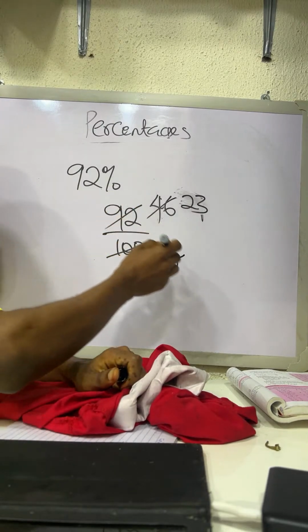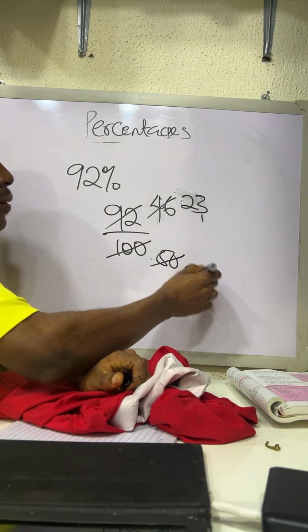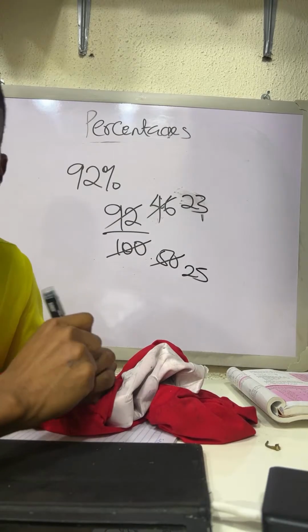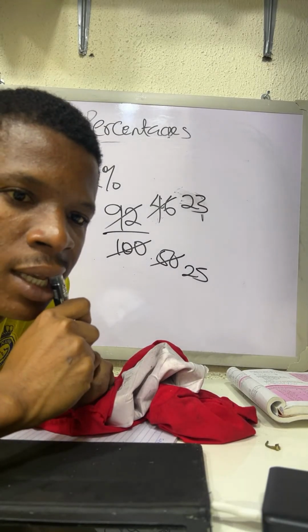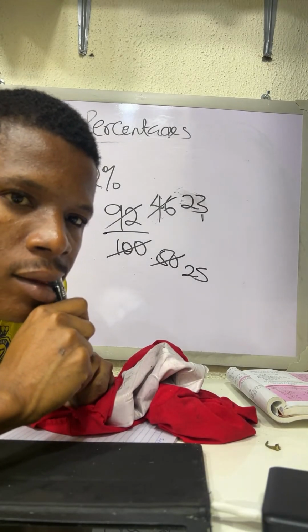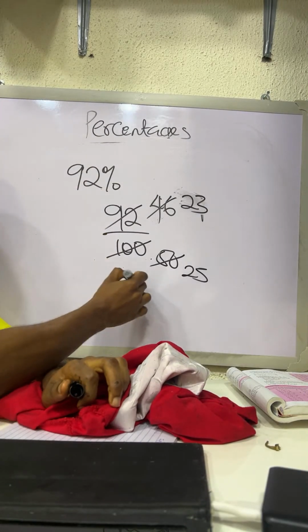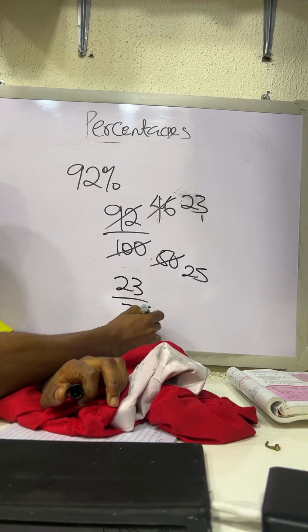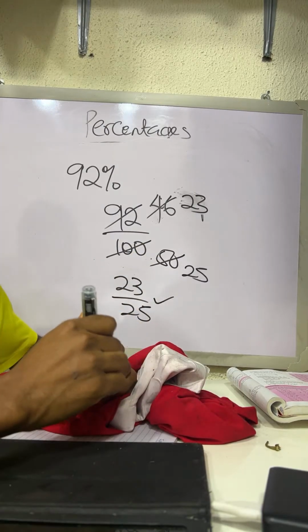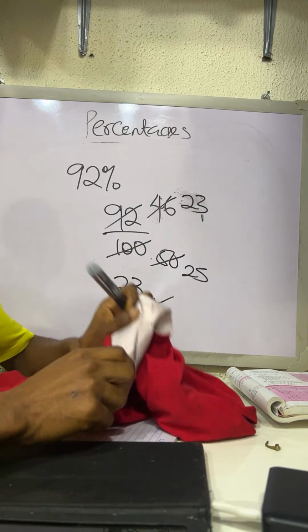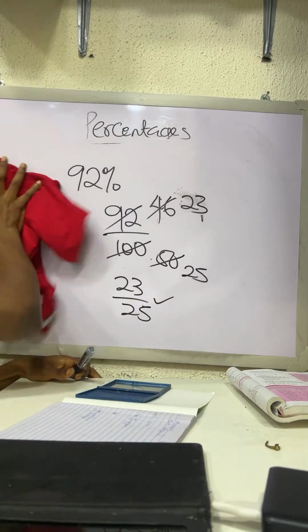So at the end, what will be the final answer? The final answer will be 23 over 25. This is very simple. Okay?